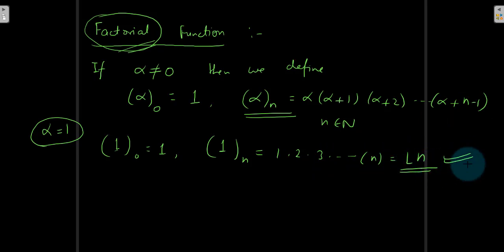Since we are getting factorial n here and factorial 0, which is 1, you can say that the factorial you have already learned is a special case of this factorial function, for alpha equals 1. Now let us move forward to some results.